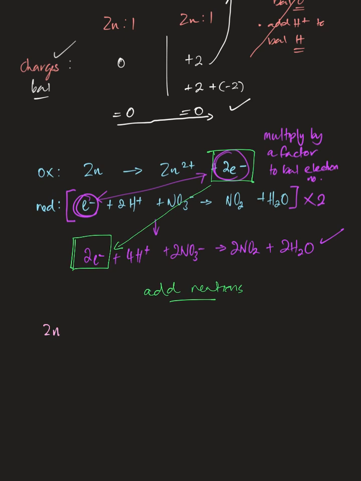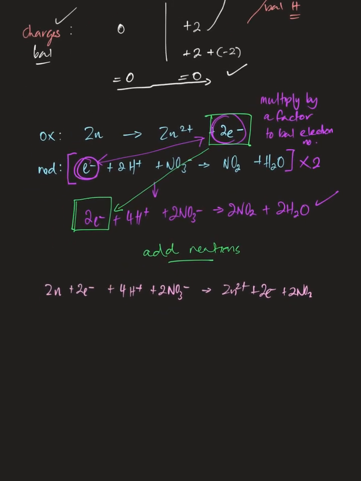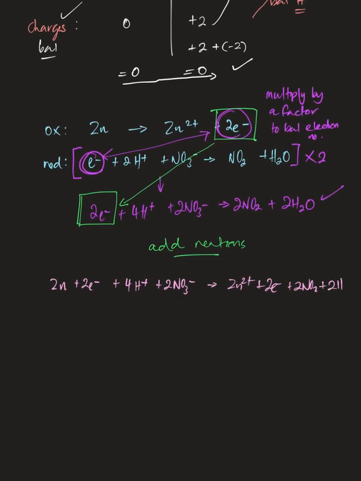So I've got Zn plus 2 electrons plus 4H plus ions plus 2 NO3 minus gives me Zn2 plus, 2 electrons, plus 2 NO2 plus 2 H2O.